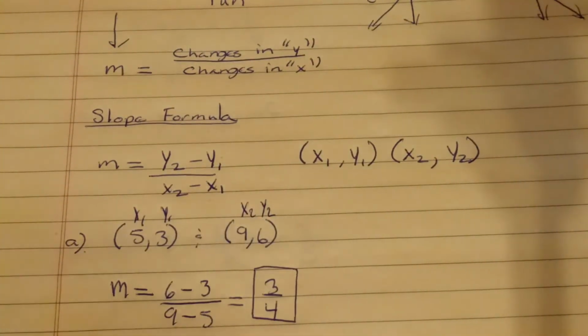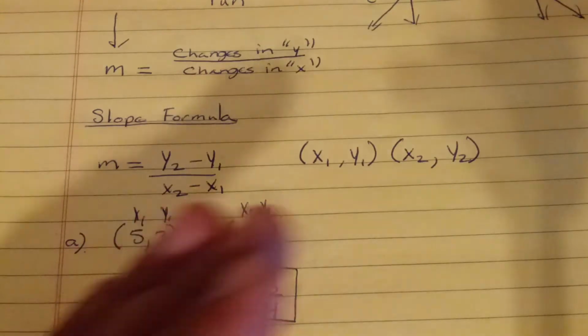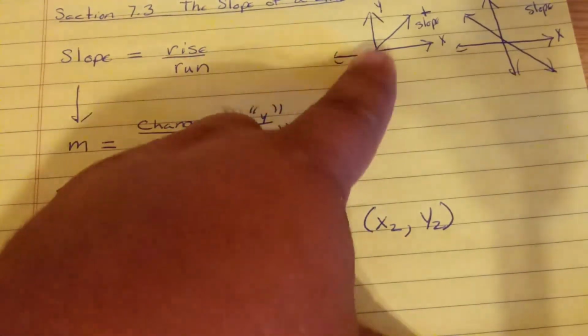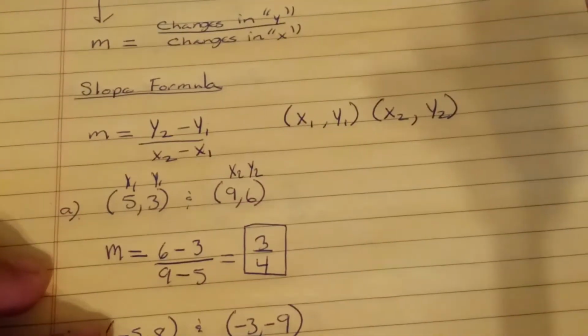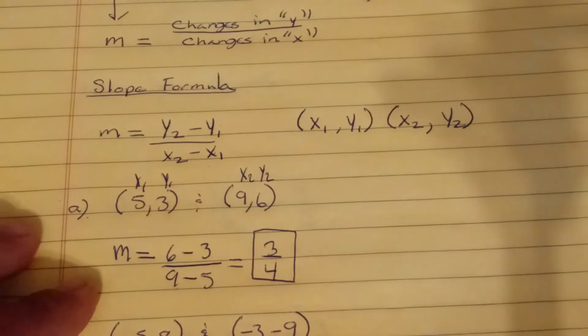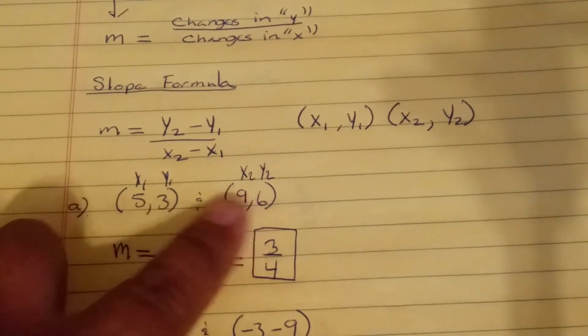In other words, if you were to plot these 2 points and connect them, they should incline this way, just like you had in our previous one right here. So the inclination is said to have a positive slope. Now just check it out real quick. From 3 to 6, it rose 3.